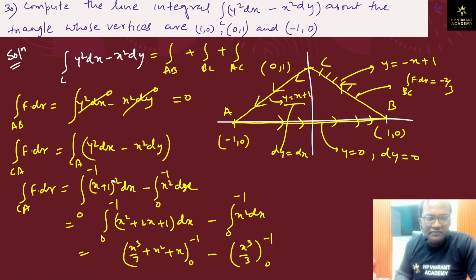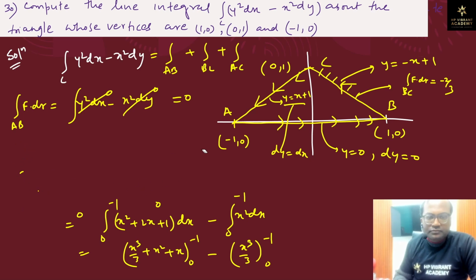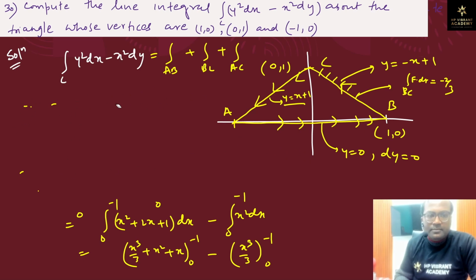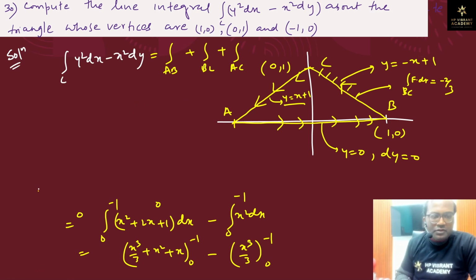Let us further simplify this. So along CA, f dot dr is equal to, let us place the limit.